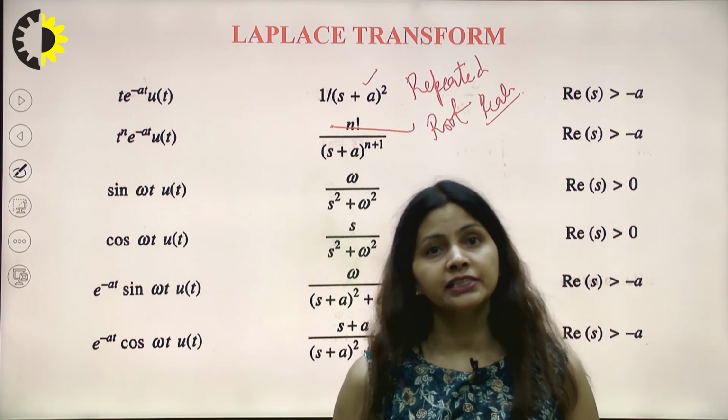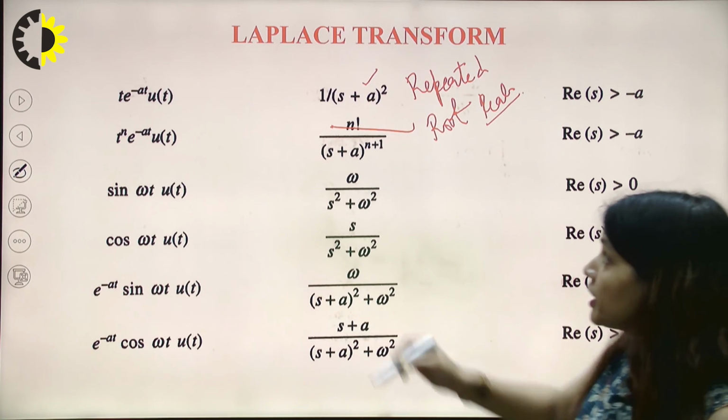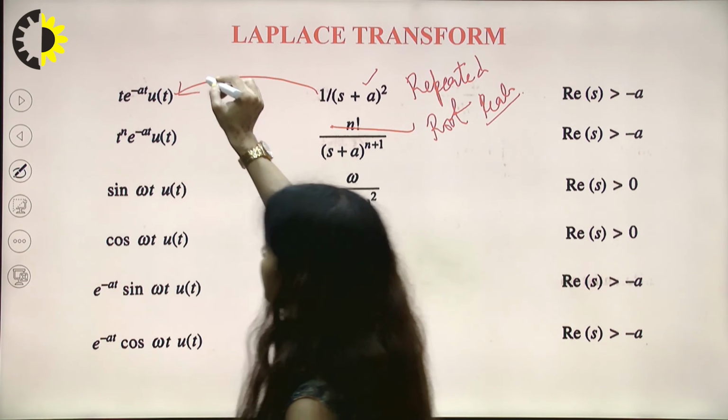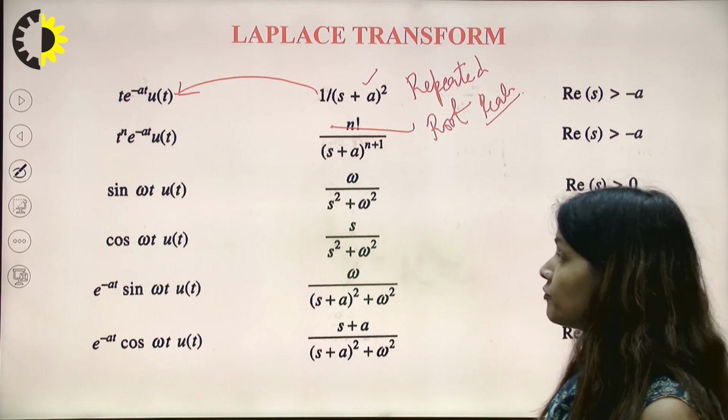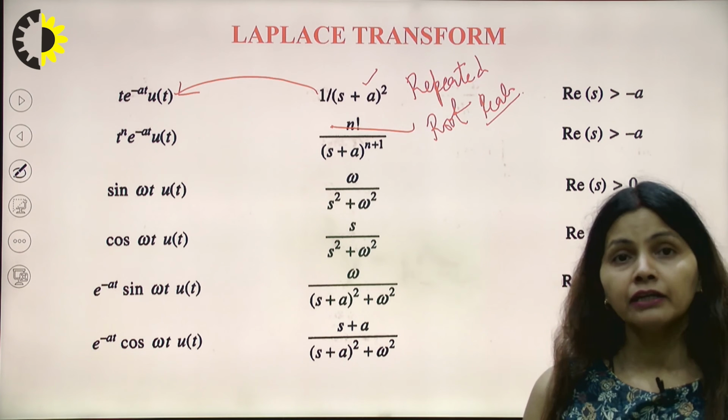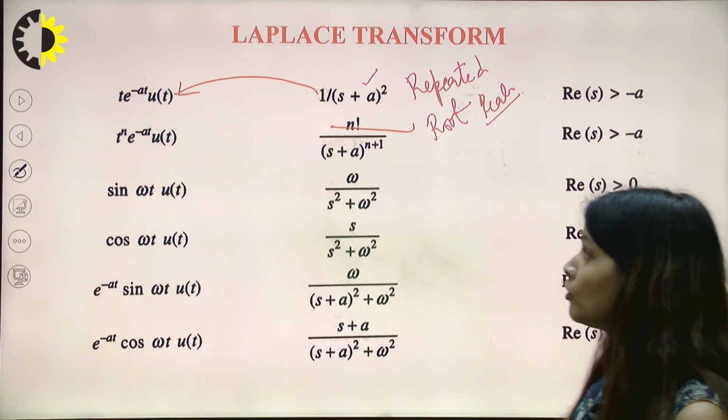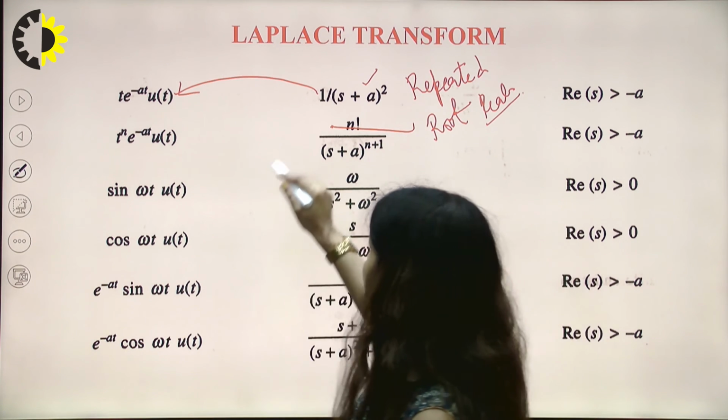If a is complex, then it may be complex. So we can directly write this as t e raised to the power minus at u(t). Whatever transform we have calculated so far, we can multiply it by u(t) also for the complete representation.